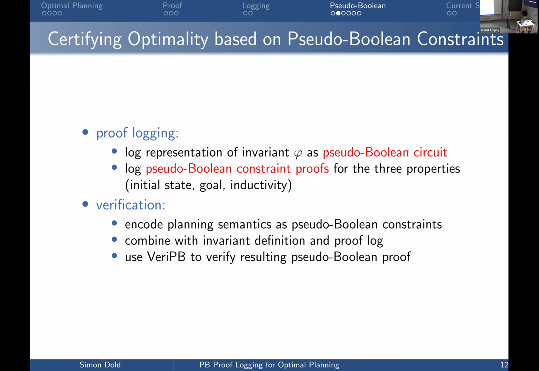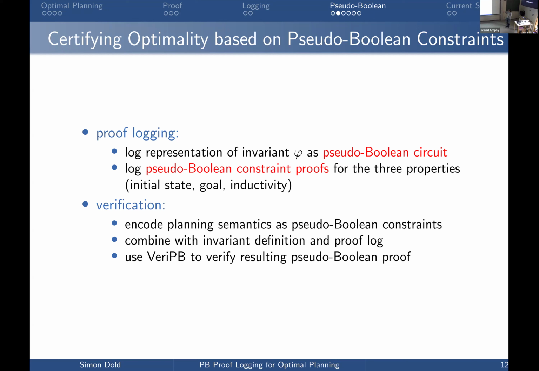And we are proving the 3 properties for this invariant and those sub-invariants along the way. And when we have that, we can do a verification by having an encoding of the planning semantics into pseudo-Boolean constraints.